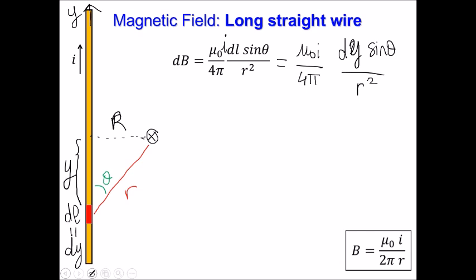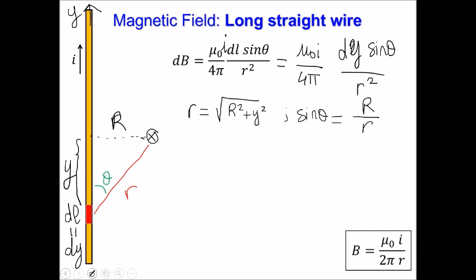So what is r? Small r is the square root of R squared plus y squared. And what is sine of theta? We need sine theta equal to R over small r.